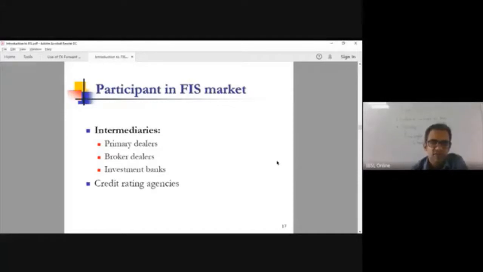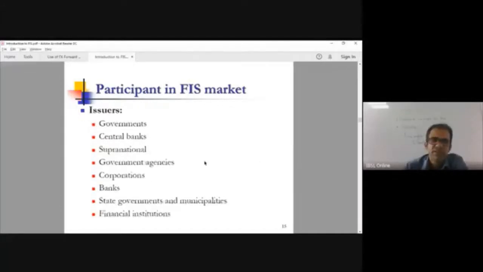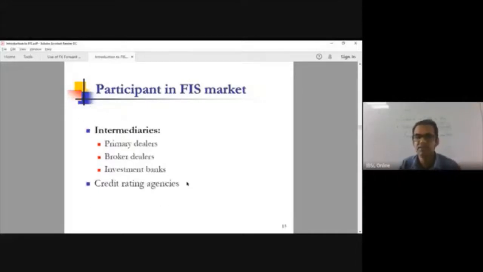But all the other issuers that we discussed, supranational agencies, government agencies, corporations, banks, state banks, state governments or municipalities, have to go through or use an investment bank to structure the product and market the bond in the market, find investors, do pricing and everything, and maintain books.